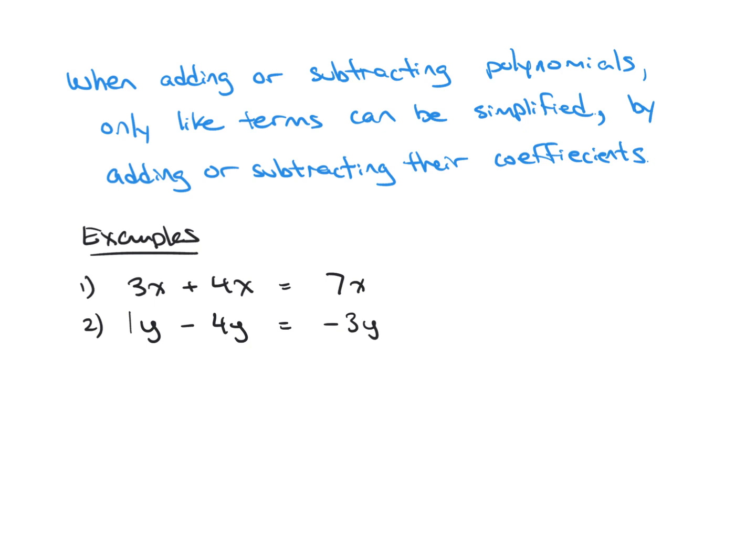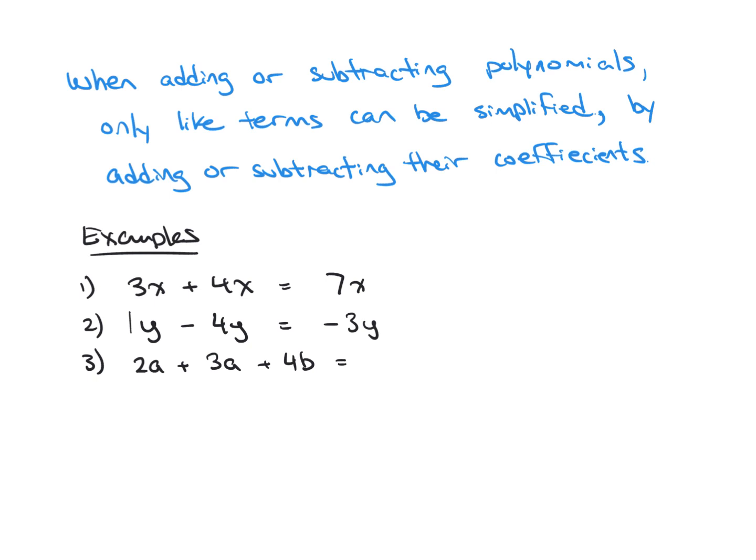Okay, so another one, I will say 2a plus 3a plus 4b. Okay, 2a plus 3a plus 4b. So are they like terms? Well, the first 2 terms are like terms.